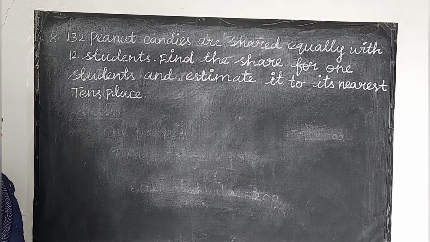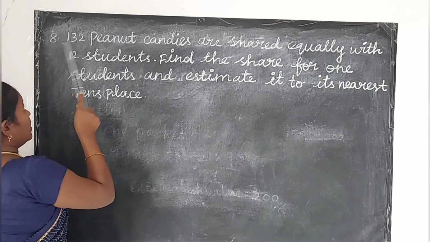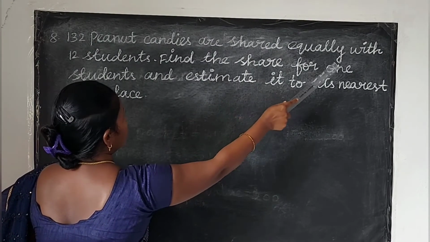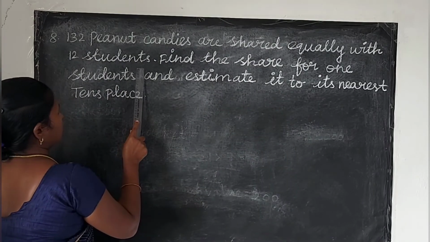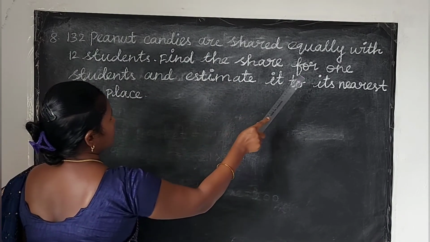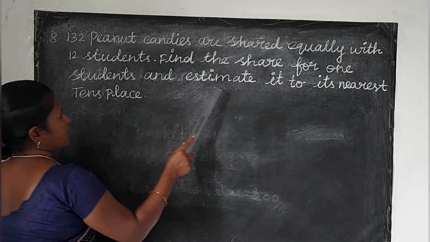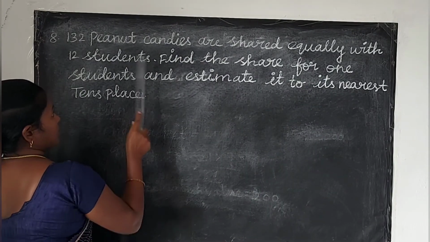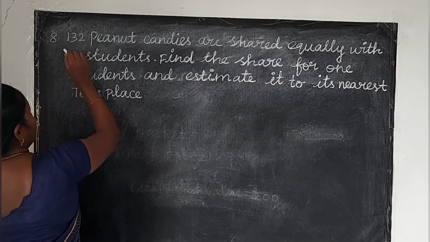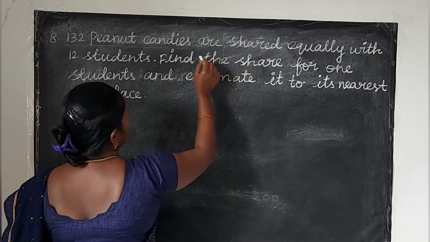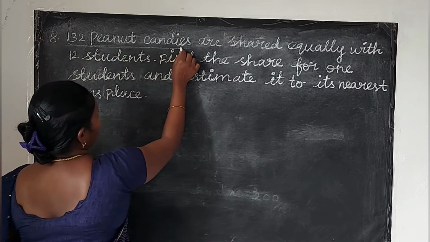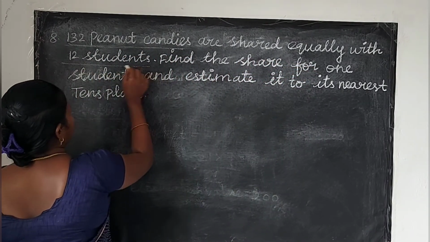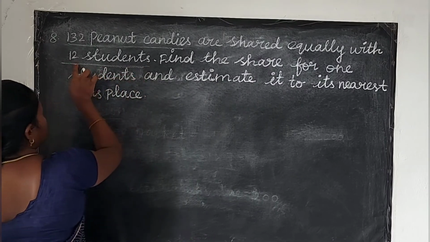Children, see the eighth sum. 132 peanut candies are shared equally with 12 students. Find the share for 1 student and estimate it to its nearest tens place. So in this question, the total peanut candies value is 132, shared equally with 12 students. So the number of students is 12.